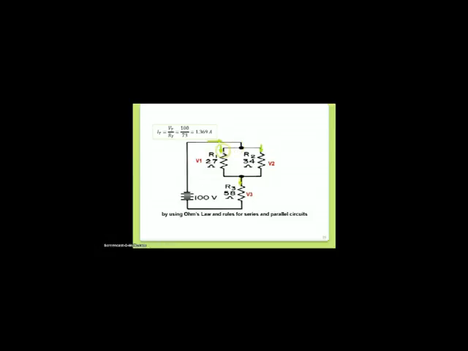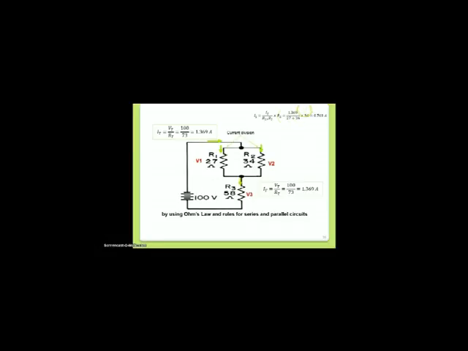Now, how do we calculate the branch currents? Don't forget that R1 and R2 are connected in parallel, and if you remember, the current divides, and we can use the current division rule to find the value of the individual branch currents. So if you want to calculate I1, the equation is I total over R1 plus R2, and don't forget to multiply with R2, the second branch.